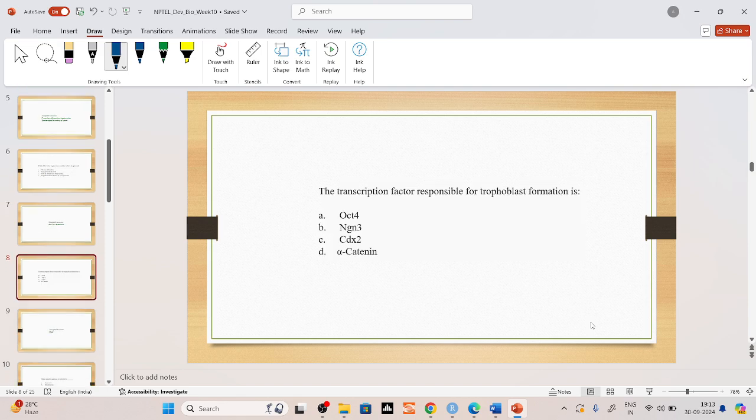Next question: the transcription factor responsible for trophoblast formation is A, OCT4, B, NANOG3, C, CDX2, and D, alpha catenin. What is the transcription factor which is responsible for trophoblast formation? 2 minutes. It's 7:40.